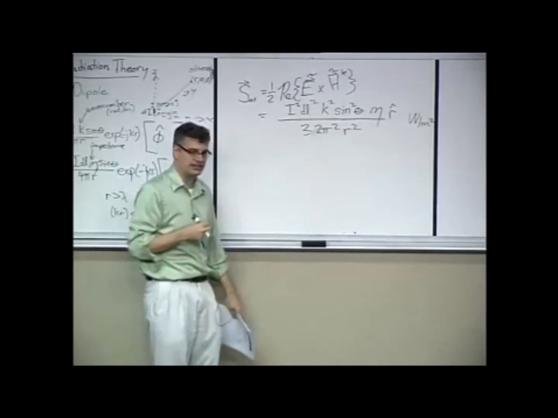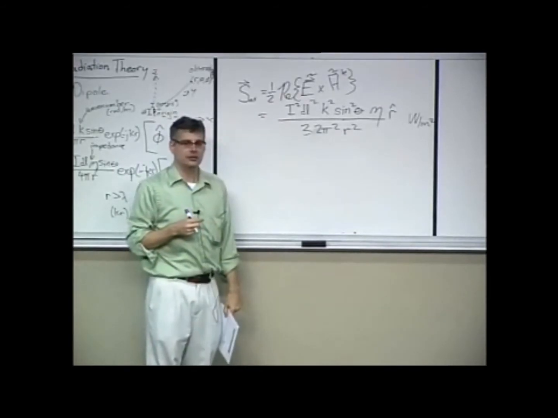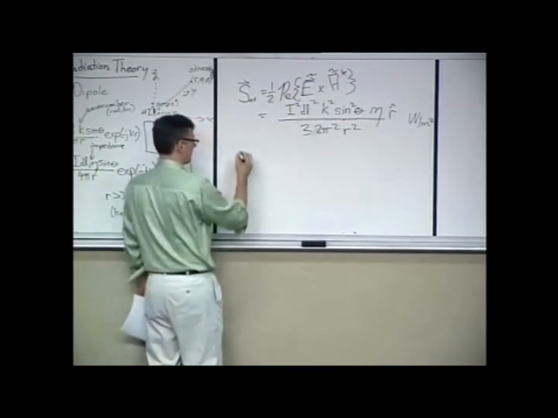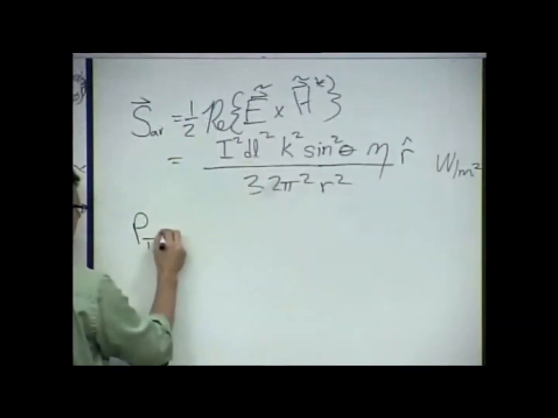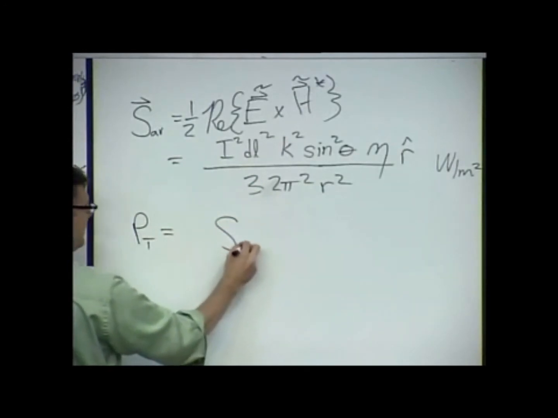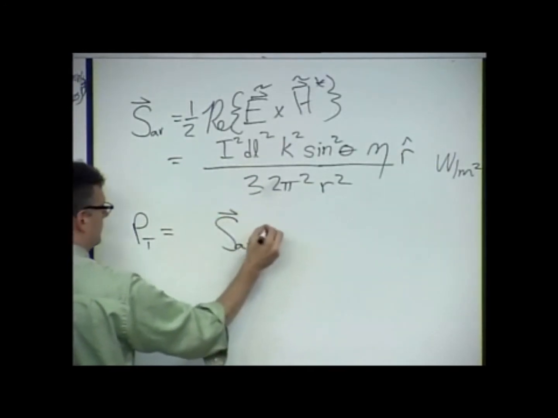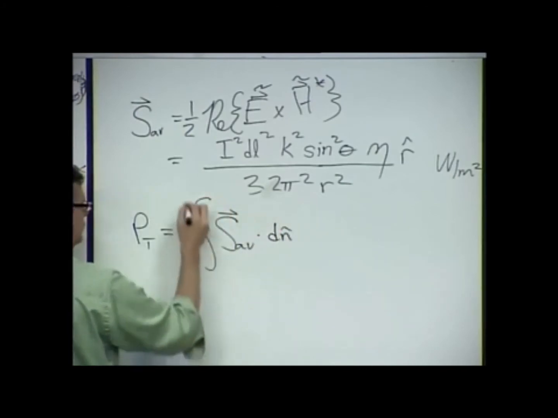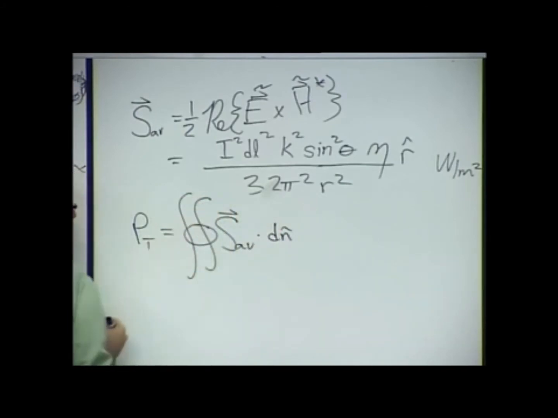Well, I can calculate this very easily by bringing back some bad memories for some of you, by invoking some vector calculus, right? My total power in this radiated system should be the Poynting vector dotted by a surface normal integrated over a closed surface.